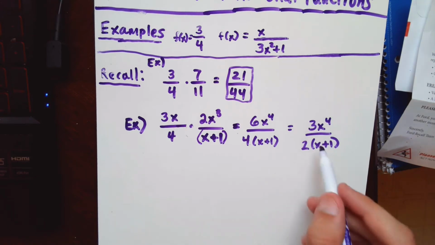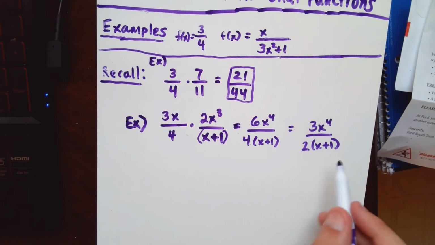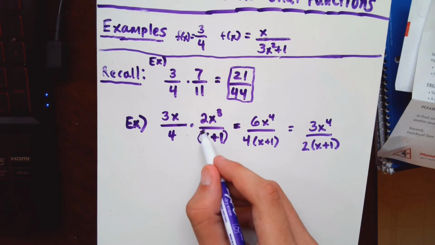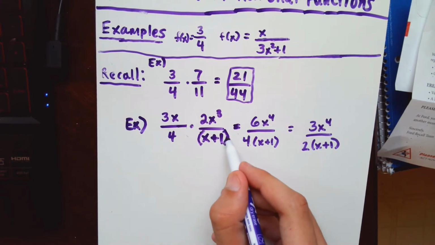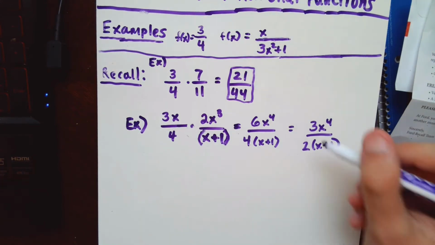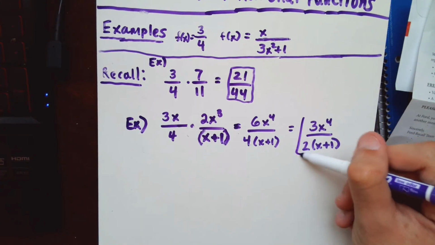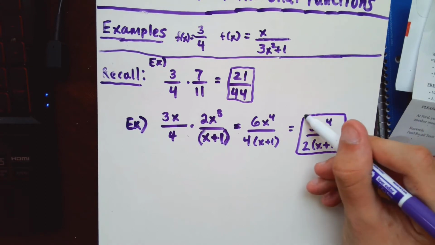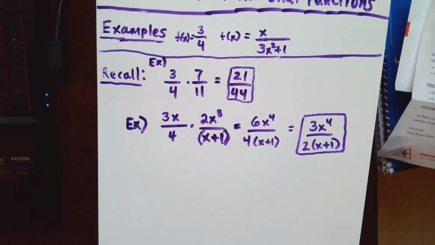So that's why we have to remember that there are parentheses when we get to this step. I can also just insert them here, but even if these weren't here, we would still need them in this next step. All right, so that's an example of multiplying two rational functions, or two rational expressions, together.